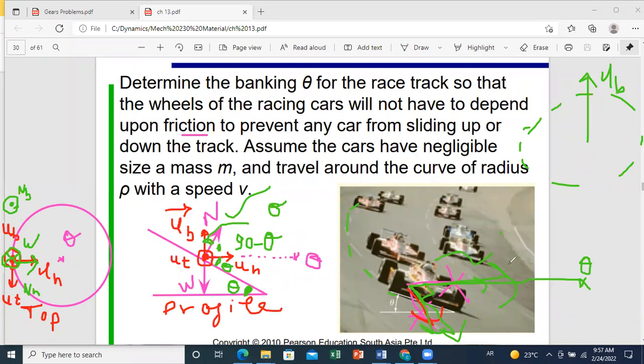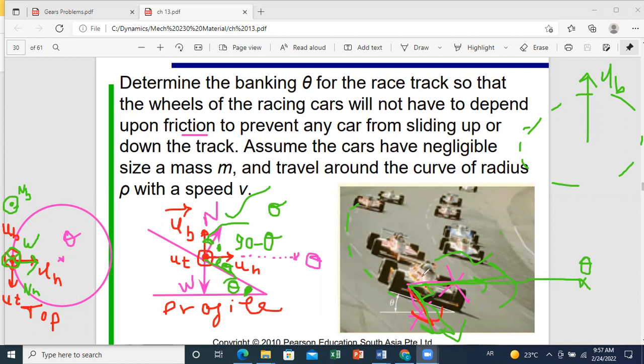Okay, and UN, look, you mean UN should be like this? You want to take UN parallel to the ground? This is your ground, you mean? Okay, you should not confuse two things. Your car is not moving along this direction. This is not a line of motion of your car. This is just a contact line between your car and the race.